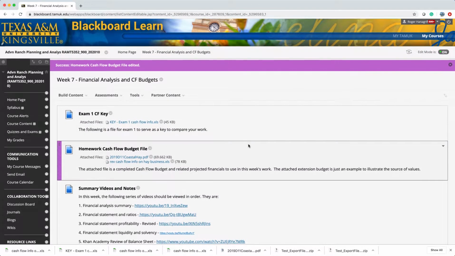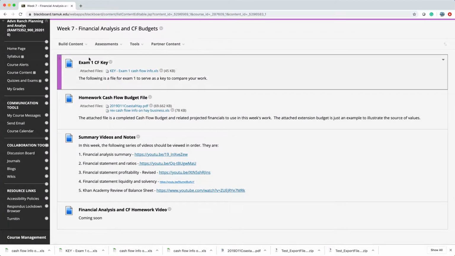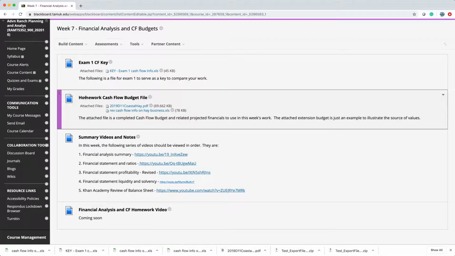All right, when you go into your Blackboard, you're going to see week 7 here, and you're going to see the cash flow budget key from the exam 1. So if you did that work, of course, on the exam, I've got to grade those, but there's the key on what got completed and how. Now, we're going to work on a cash flow budget homework this week, and it's going to be that same hay business, except I've revised the cash flow file to help get this going.